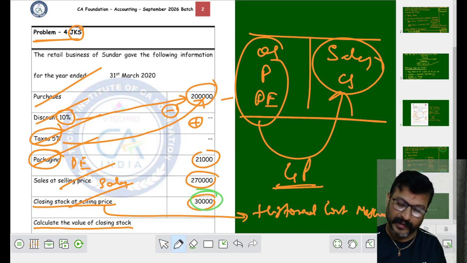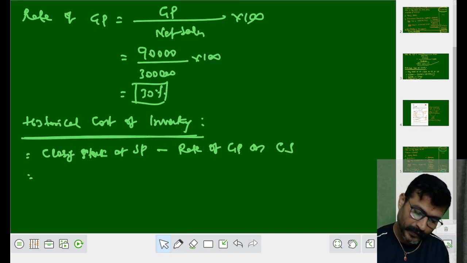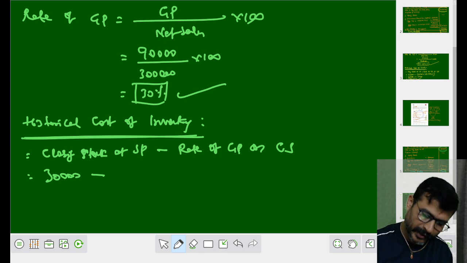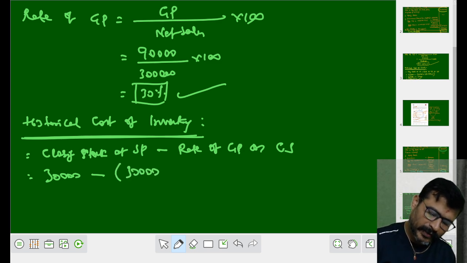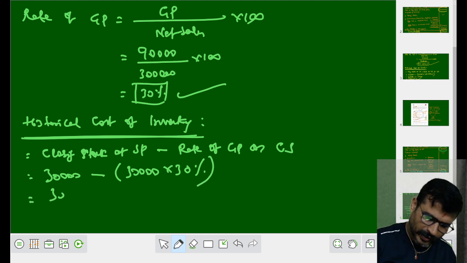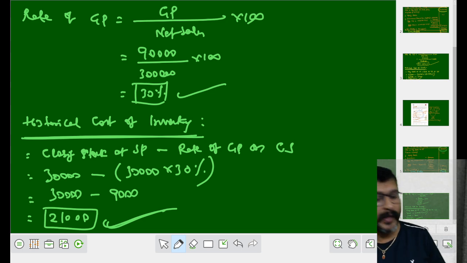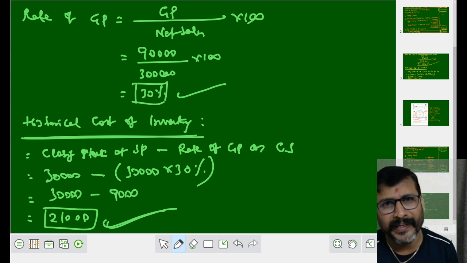It is 30,000. What is the rate of GP? 30%. 30% on what? 30,000. So 30,000 minus 30% of 30,000, which is 9,000. So now the historical cost of inventory will be 21,000. I hope you got it, my dear students, right?